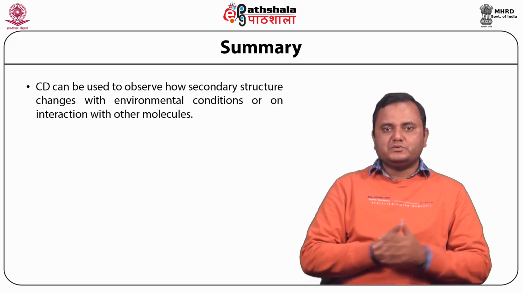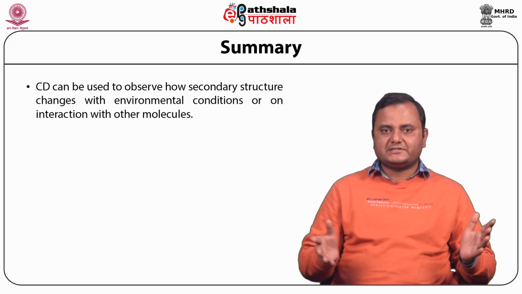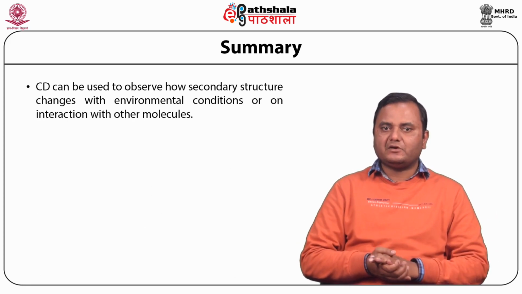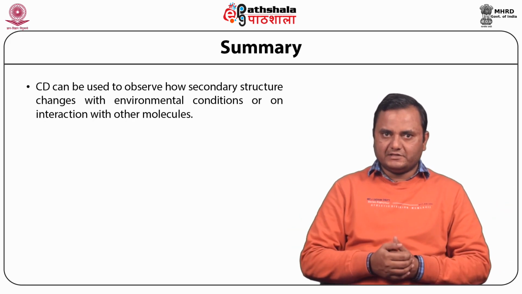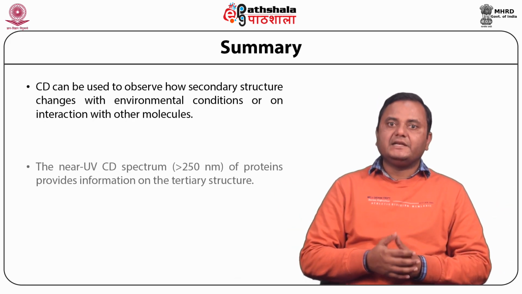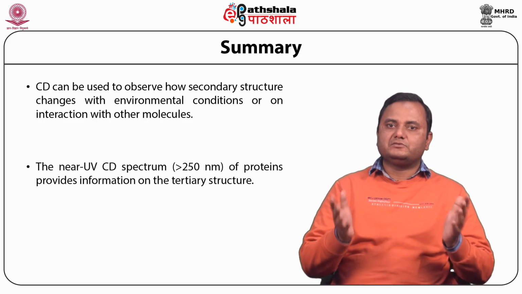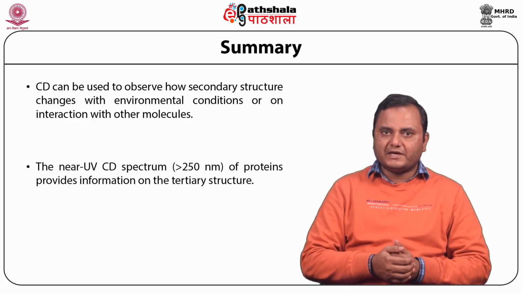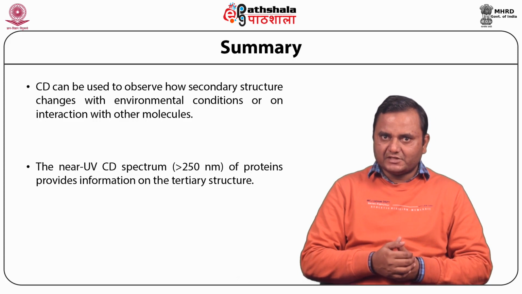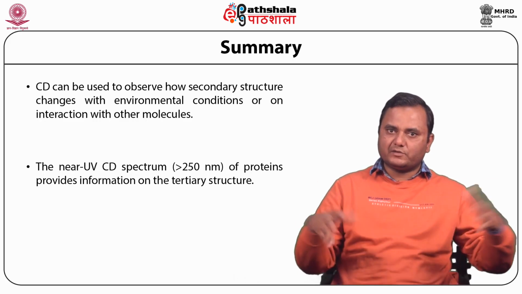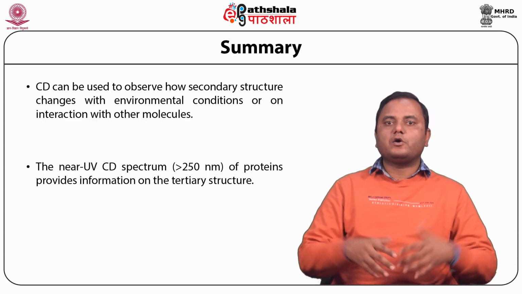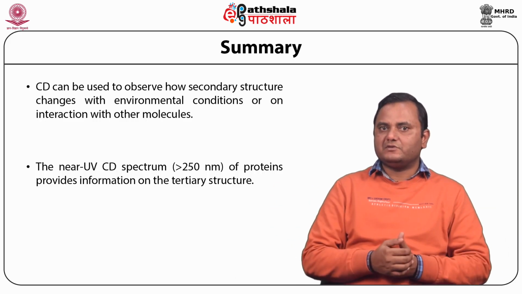CD can be used to observe how many secondary structural changes occur with environmental conditions or interaction with a molecule. The near UV CD spectrum above 250 nanometer of a protein provides information about the tertiary structure, localization of tryptophan, opening and closing of the structure, and a lot of features you can derive based on the chromophores of the protein.